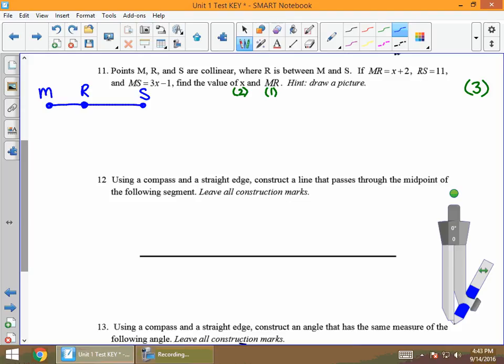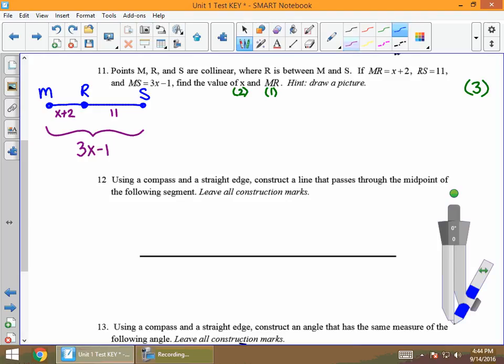And then it says that MR, so M to R, this little segment down here is x plus 2. And RS, the segment on the right, is 11. And MS, this whole big segment here, the whole thing is 3x minus 1.